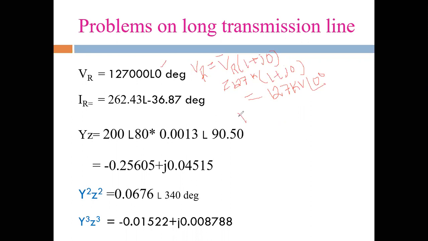After that, we calculate the IR, that is the receiving end current.